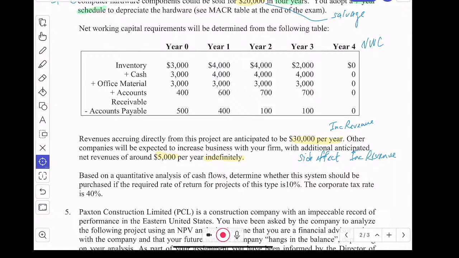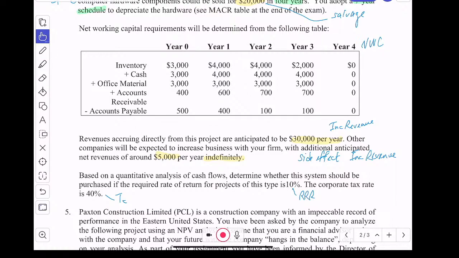Based on a quantitative analysis of cash flows, determine whether the system should be purchased if the required rate of return for a project of this type is 10%. So this is our interest rate that we're going to use. And this is the tax rate. So this isn't so bad. We're going to begin with income.